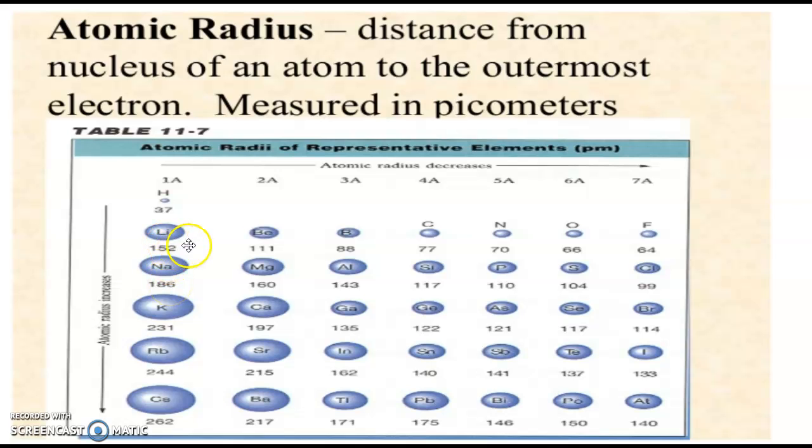As we move from left to right, the size of the atom decreases, that is, the atomic radius decreases, due to the attractive force of the nucleus on the valence electron being more, that is, the screening effect is less. So this is how the atomic radius or atomic size varies along the period and the groups.